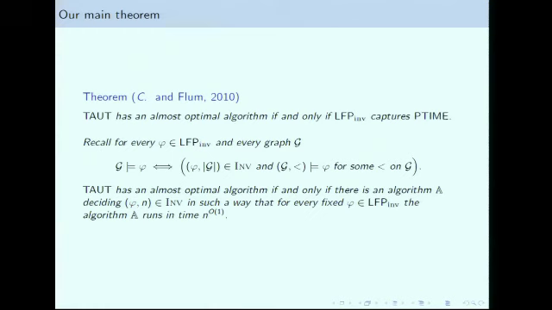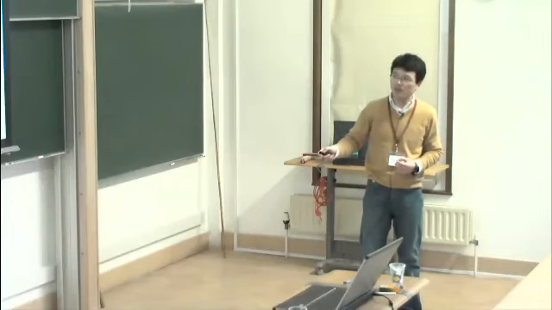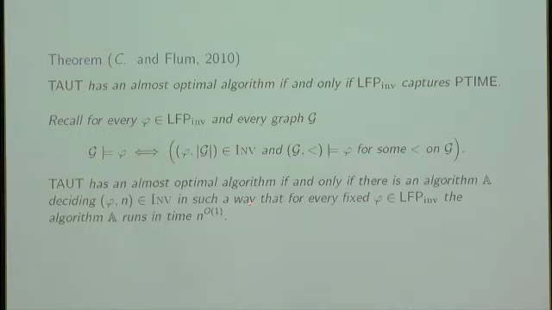So the theorem can be restated as: TAUT has an almost optimal algorithm if and only if there is an algorithm A deciding whether (phi, n) is a member of this invariant relation, in such a way that for every fixed phi, the algorithm A runs in polynomial time with respect to n.